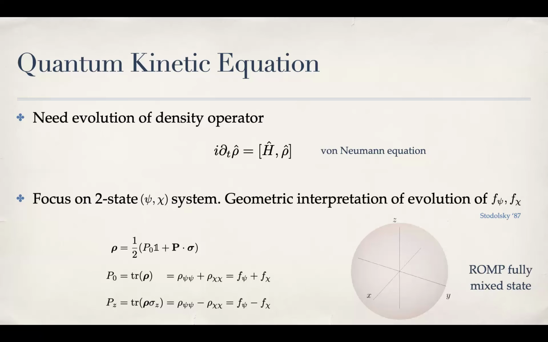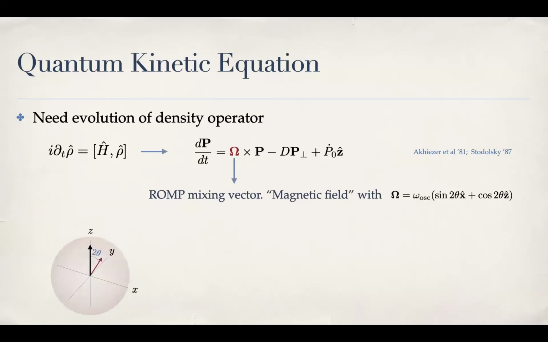And when your psis and chis are exactly equal, your PZ is 0, and with no polarization vector left, you're entirely in a mixed quantum state. This is a nice visual way of seeing how your ROMP system is behaving.